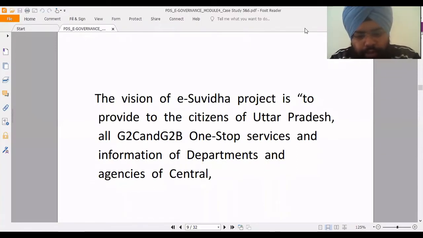So with this, when we are talking about the e-Suvidha technology, the technology which we are using to enhance the e-Suvidha is the provision of integrated services being achieved through the use of three-tier technology.